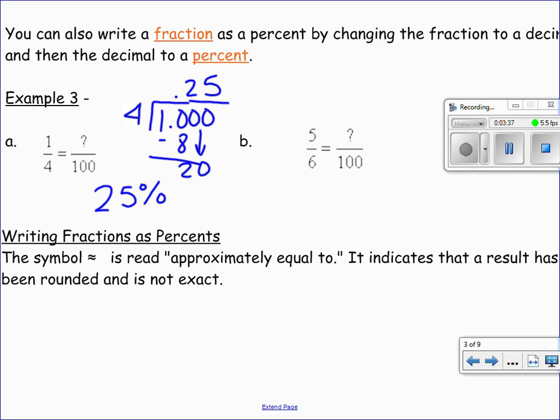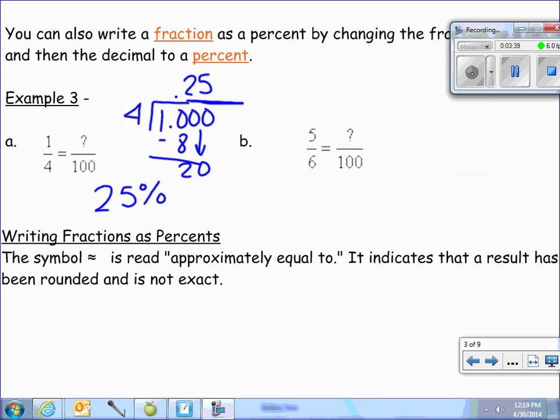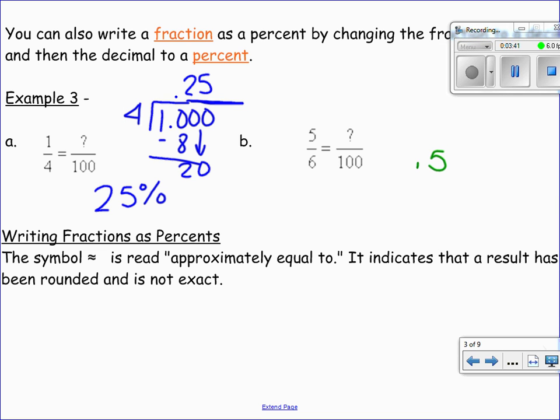So, in our example B, 5 divided by 6, going to go out 4 decimal places.